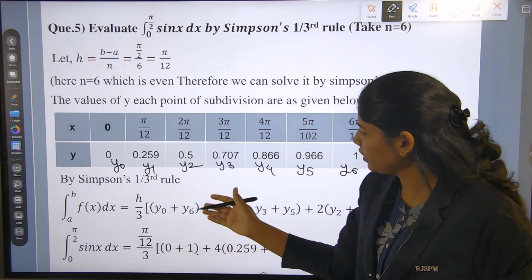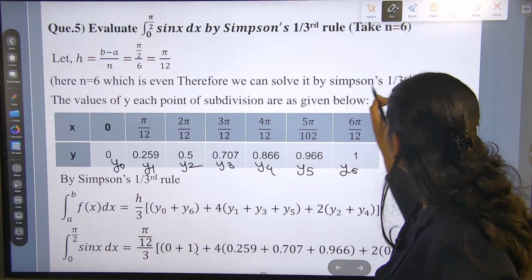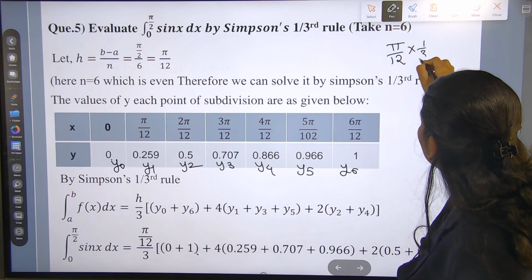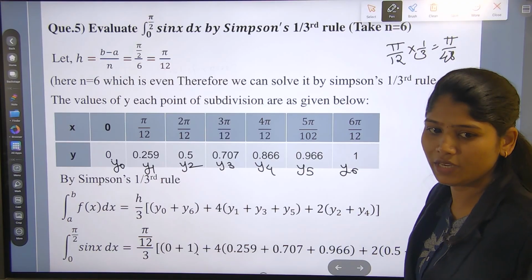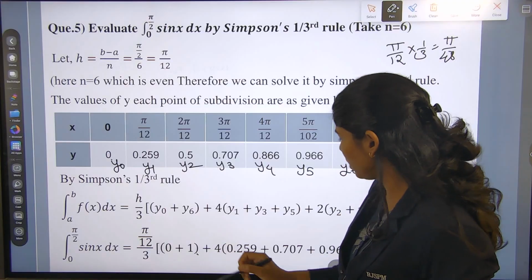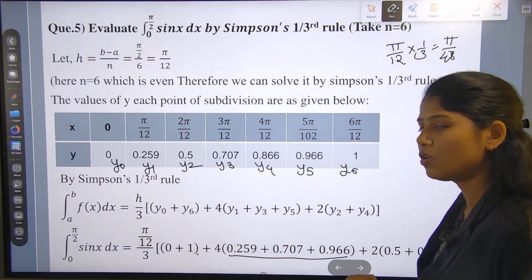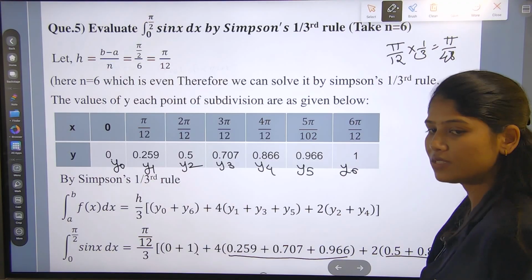ओके, देन सॉल्व दिस. ब्रैकेट फर्स्ट, so π upon 12 upon 3 means what? π upon 12 into 1 upon 3. So we get here π upon 48. ठीक है. Then 0 plus 1, so answer is 1 plus 4 into, ये सम आपको करनी है और ब्रैकेट में ही लिखनी है, प्लस 2 into ये सम करो. ठीक है.